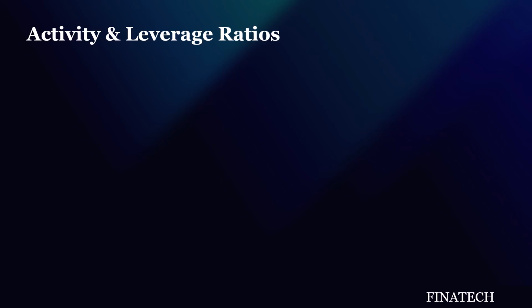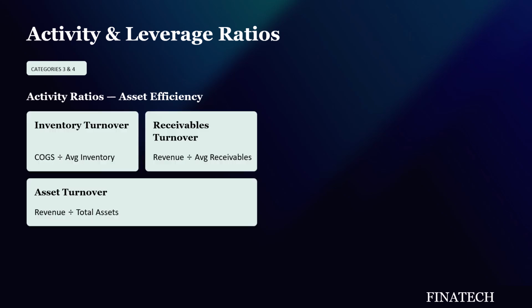Activity and leverage ratios. The activity ratios measure asset efficiency from inventory turnover, receivable turnover, and asset turnover.